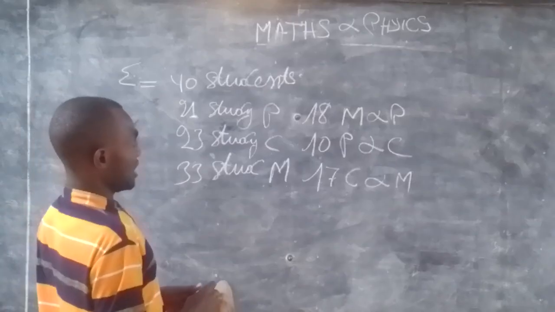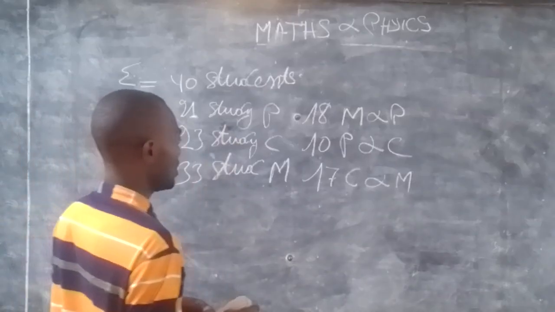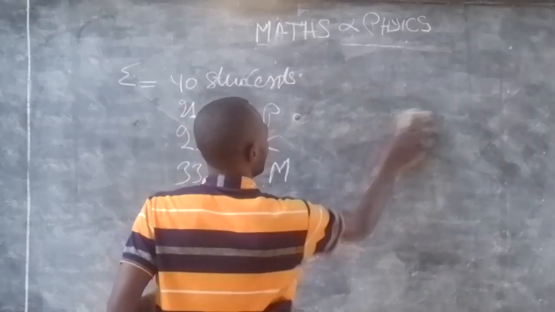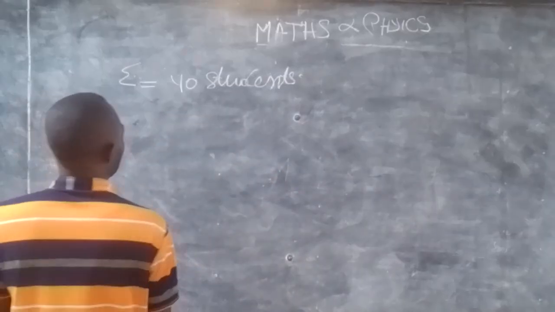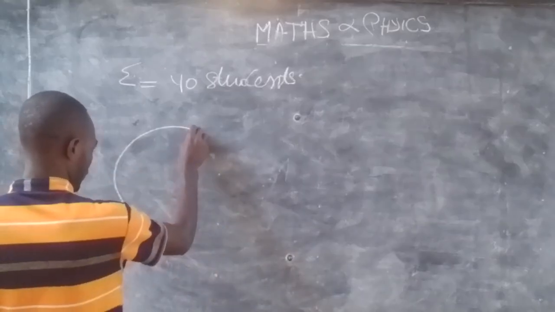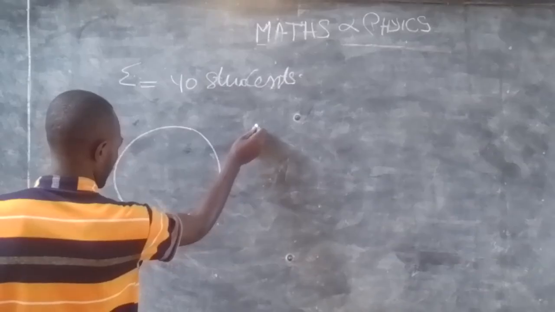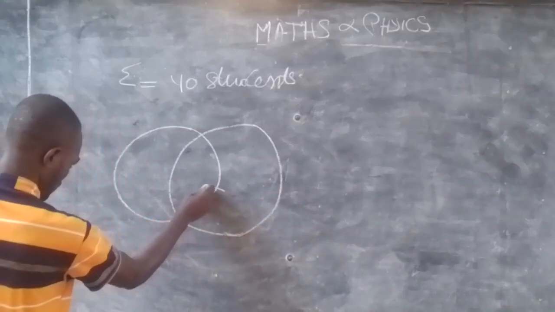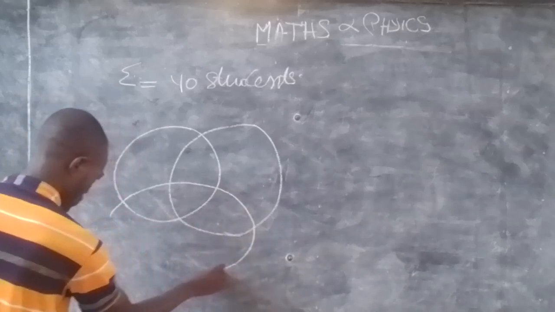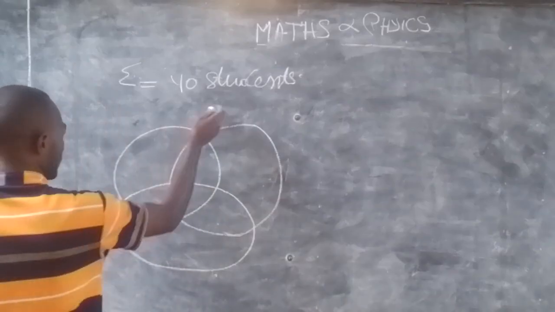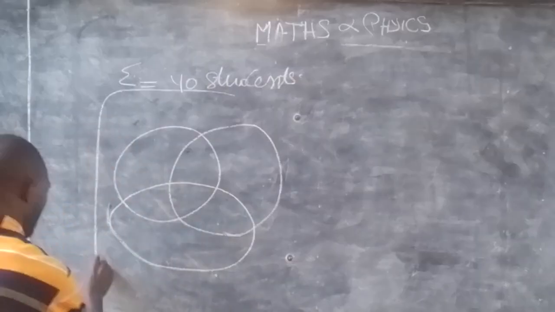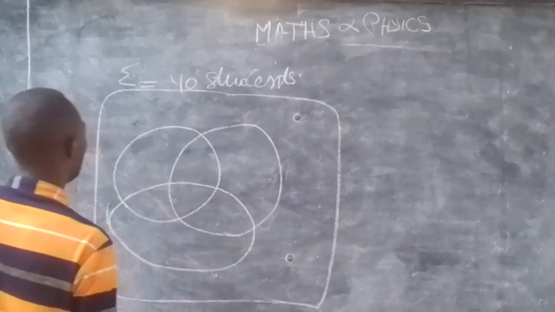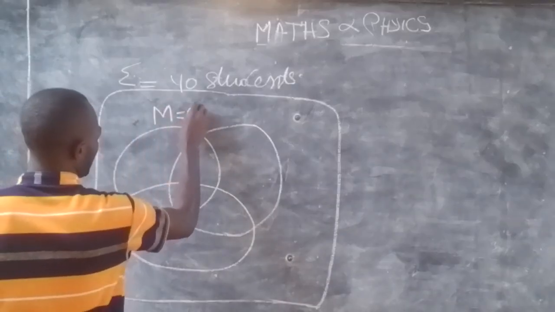So let's see how we can represent this information by using a Venn diagram. This is M equal to 33.